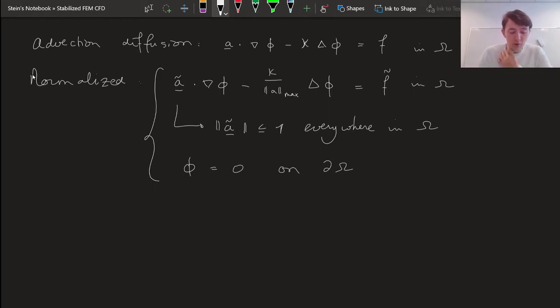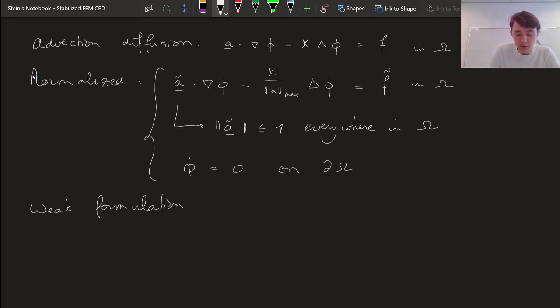So the first thing we'll do is come up with an appropriate weak formulation of our normalized advection-diffusion equation. Now, the trick, of course, is that we multiply by a test function, we integrate over the domain, and we do integration by parts on certain terms.